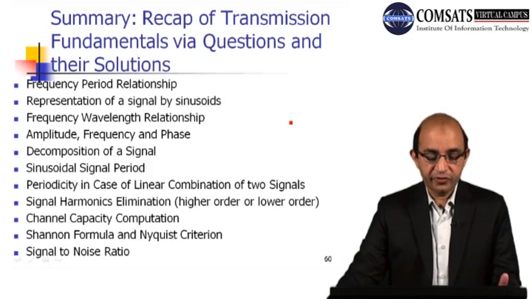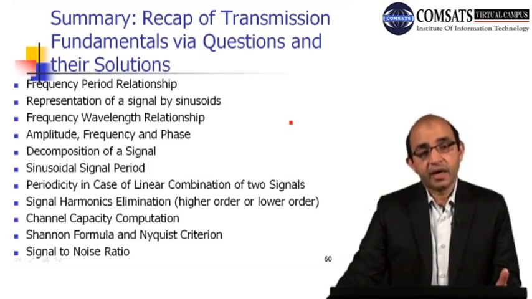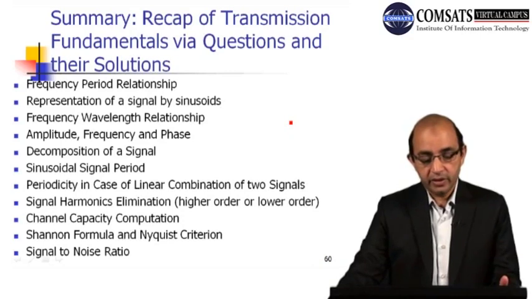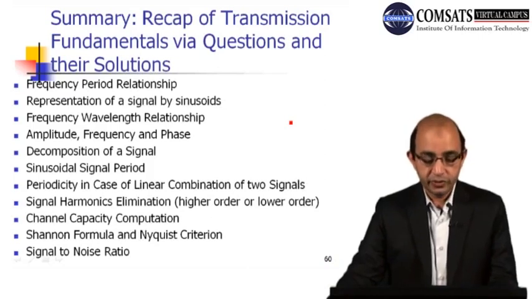That we have discussed. Then how we compute the channel capacity, using the Shannon formula and the Nyquist criterion to solve different problems. And finally we discussed signal to noise ratio.